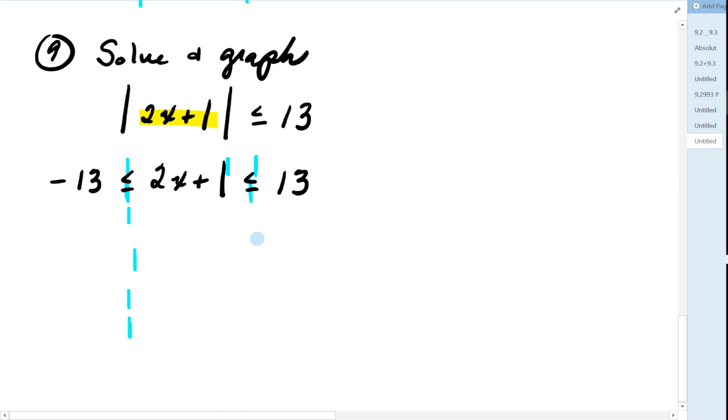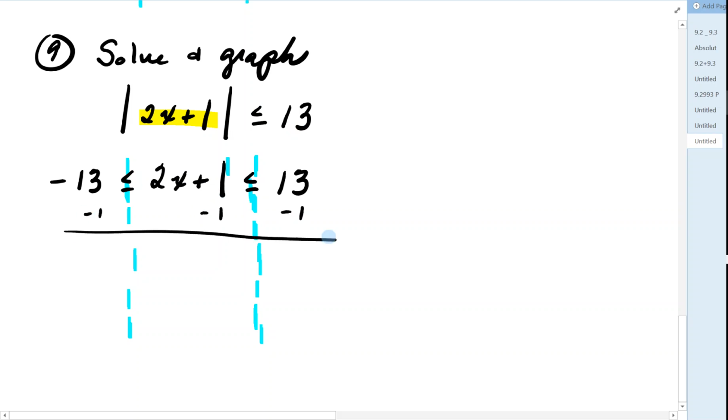So make sure that you put whatever this expression is between the negative and the positive of your constant, keeping the same symbol both times. To solve this for x, I would need to subtract 1, so do it to all three parts.